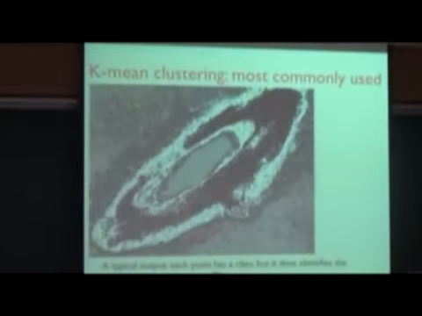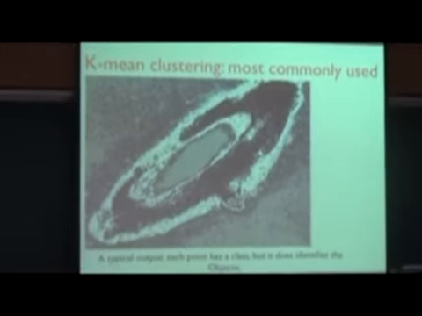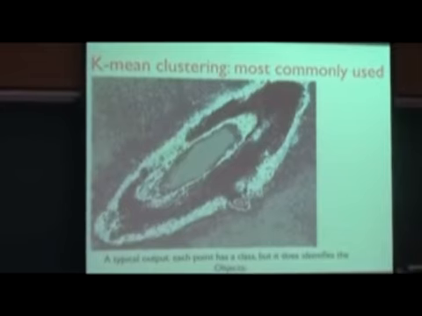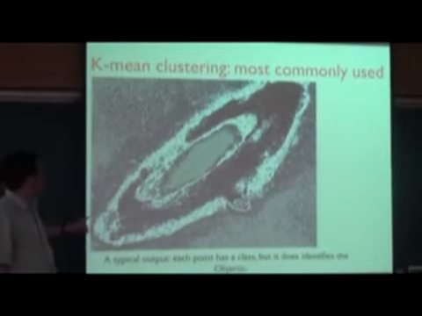Also, I think for segmentation, K-means or something related to K-means seems to be the most commonly used segmentation method for real applications. This is a real example for K-means. This is the input, something from the galaxy.